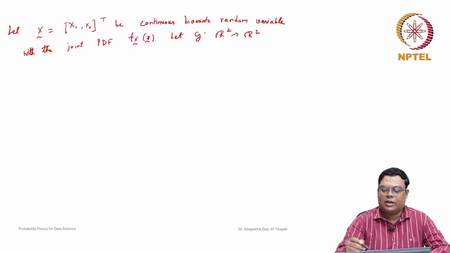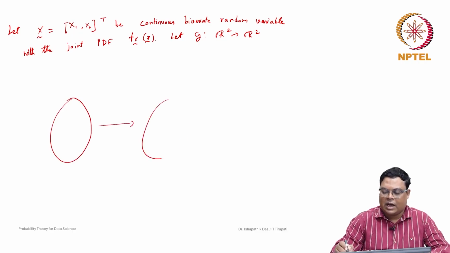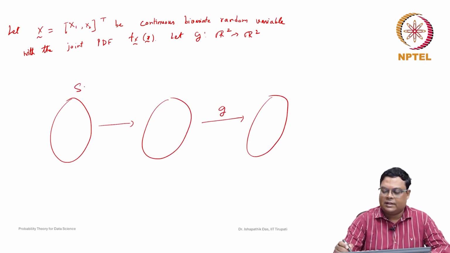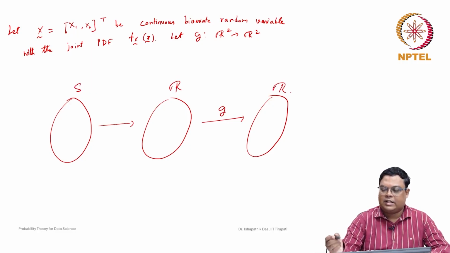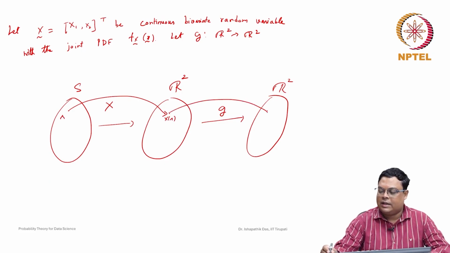Earlier the composite function went from S to R and then by a measurable function g from R to R. Now x is from S to R2, so some point s maps to x of s, and under g it goes to another point.